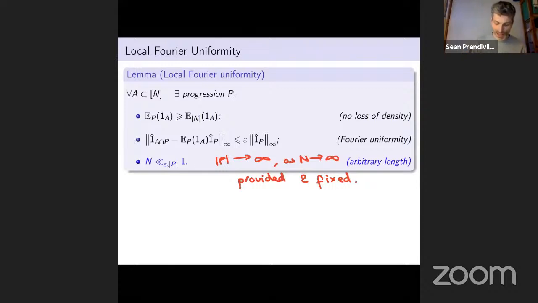So the notation says the length of the original interval is bounded in terms of this level of uniformity we're seeking, and the length of the progression spat out by this lemma. But the progression can be made as large as we want. So there are the three conclusions. We've not lost density, we're Fourier uniform, and the progression can be made as large as we want, if we're willing to make our original interval as long as we want.